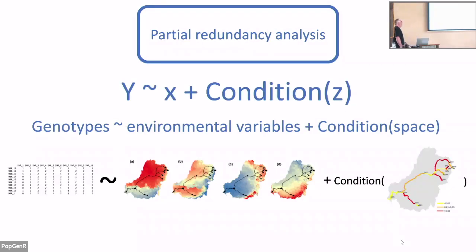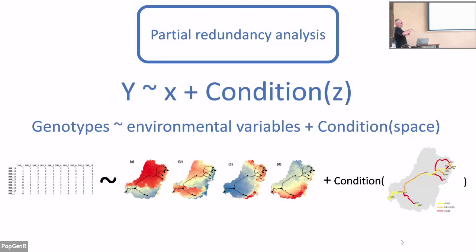When you've got population structure, you might get patterns within your genotypes that vary because of their relationship in space, which might be independent of variation in the environment. However, they also may co-vary with the environment. So it does get complicated, but you can do what's called a partial RDA, where you're not only using the first part of that model, but you're also partialing out the variance that can be explained by something like space in this case.